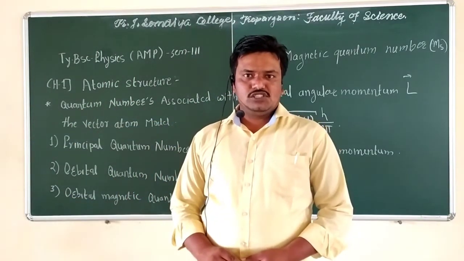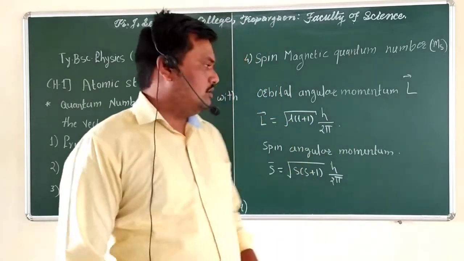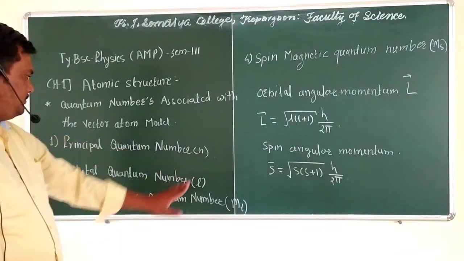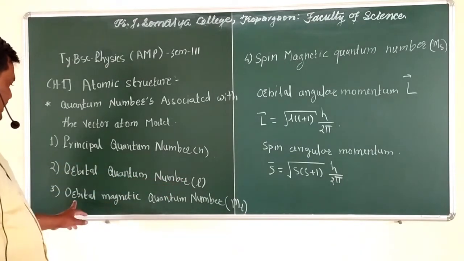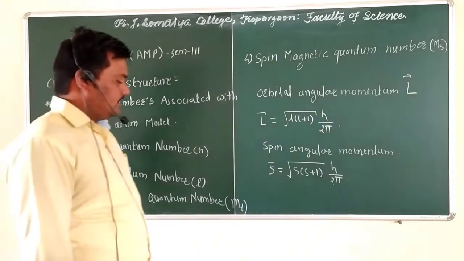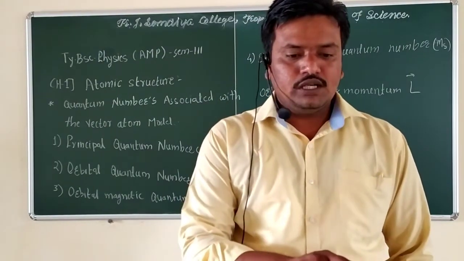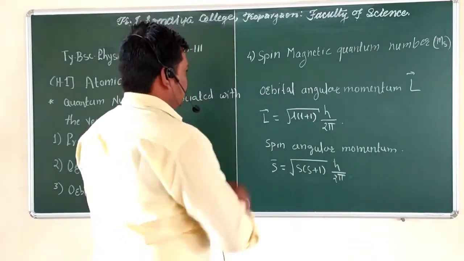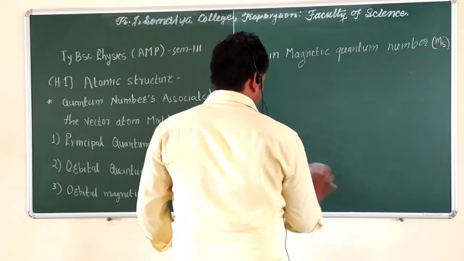Schrodinger first considered three quantum numbers: the principal quantum number, denoted by small n, the orbital quantum number, denoted by small l, and the orbital magnetic quantum number, ml. The restrictions on the values of n, l and ml are as follows.